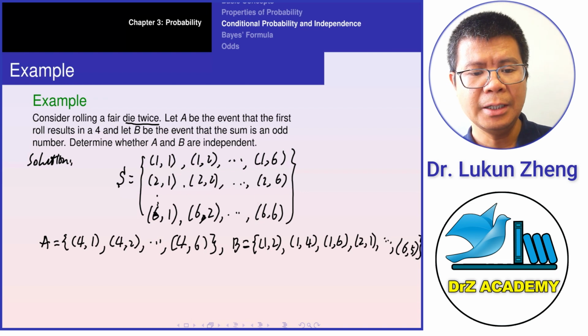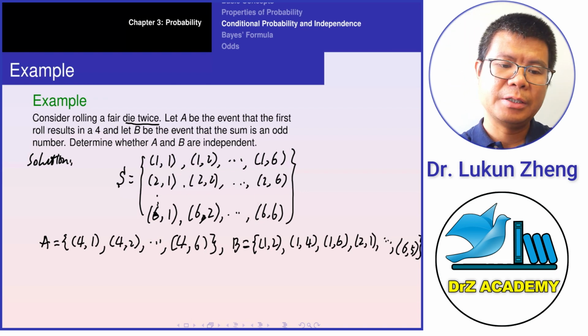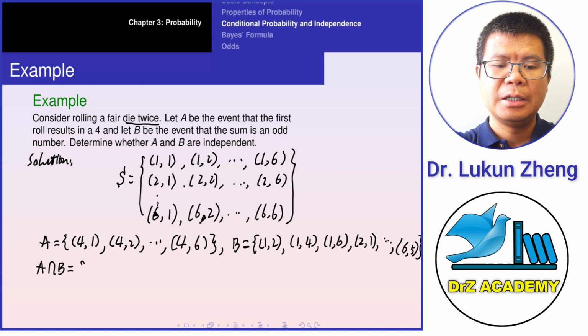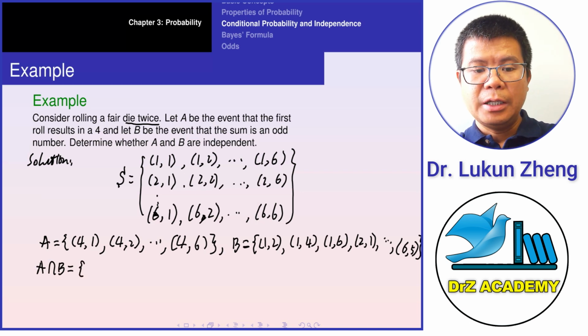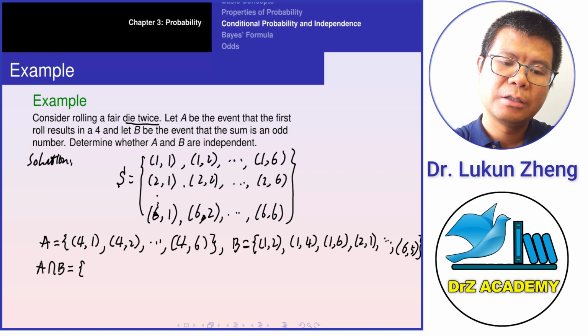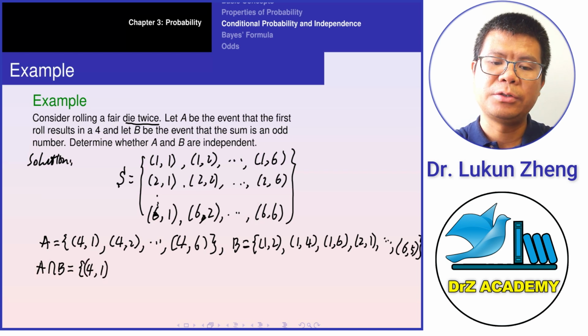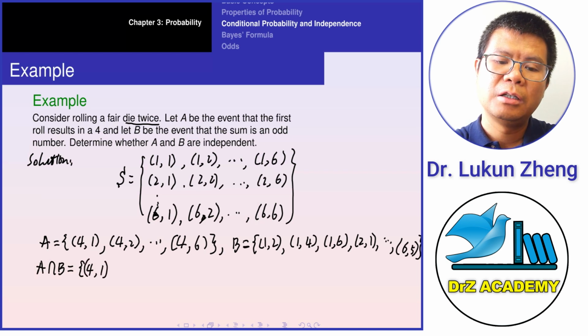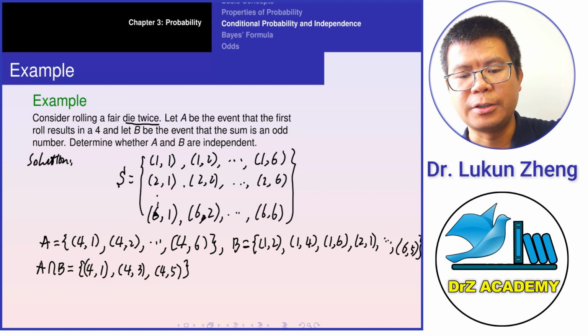Then you need to see what their intersection is. A intersect B: 4,1 is in A and also has an odd sum, as do 4,3 and 4,5. So this is the intersection.